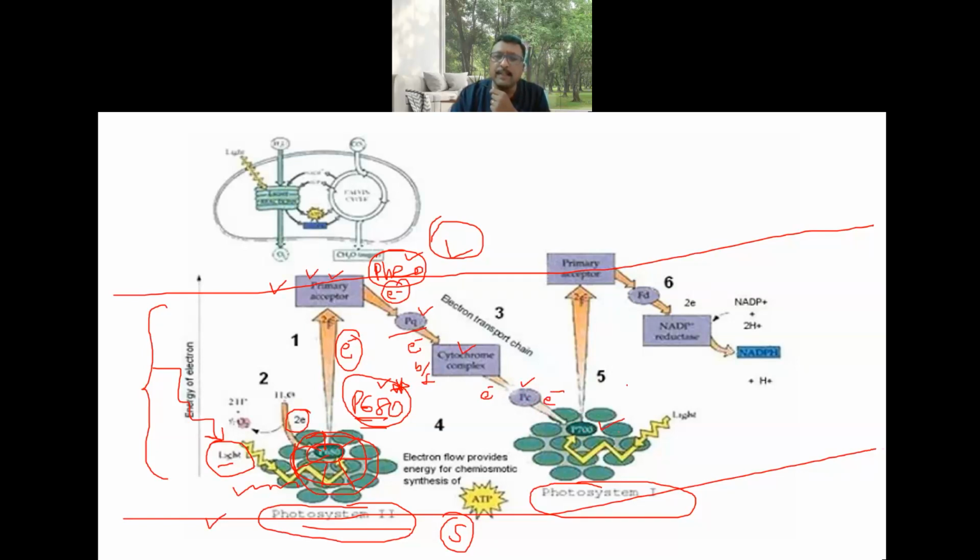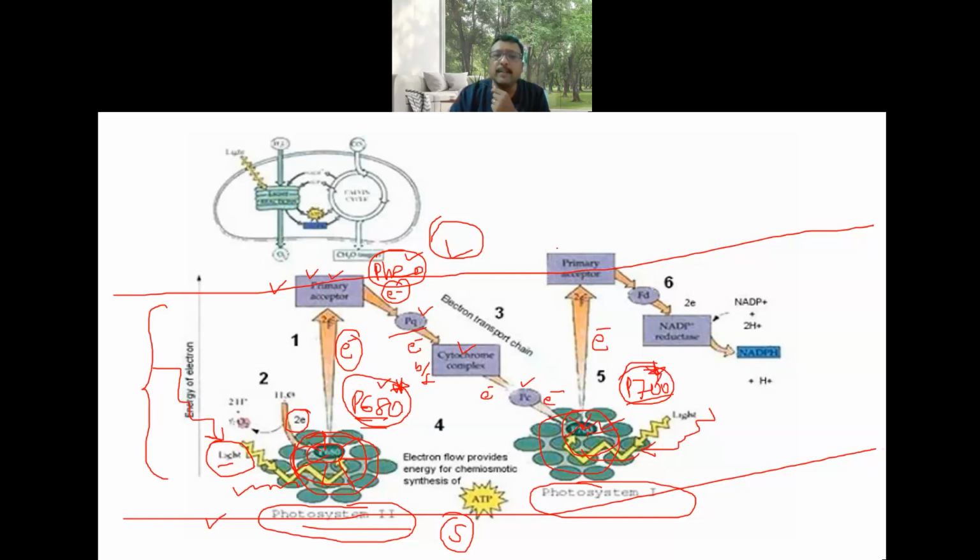So in PS1, the reaction center is P700. Here also chlorophyll A is there, which is 700. For light energy of more than 680 nm, the light energy is absorbed by the surrounding accessory pigments and passed on to the reaction center P700. P700 releases the electron and gets excited.